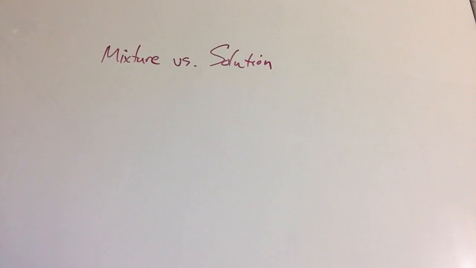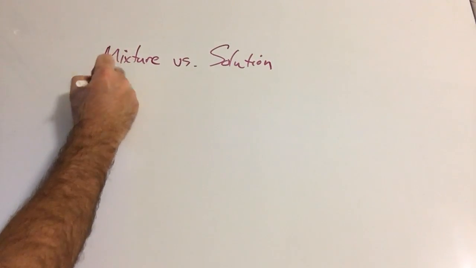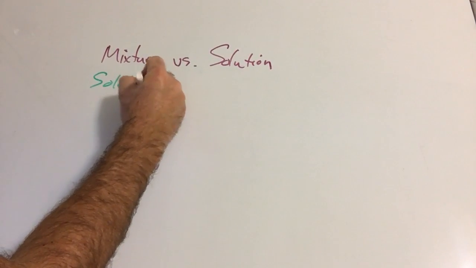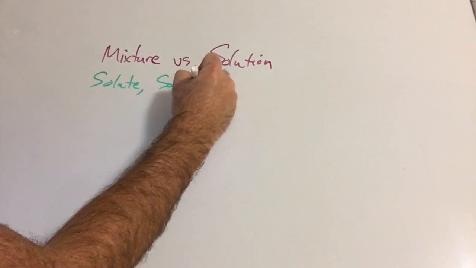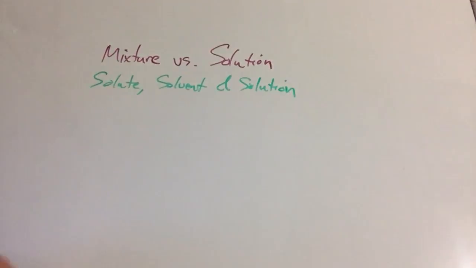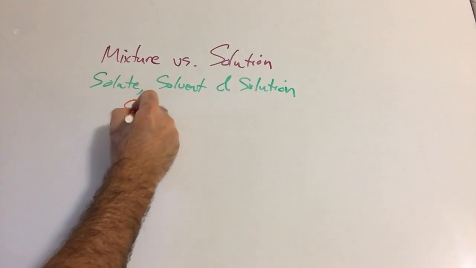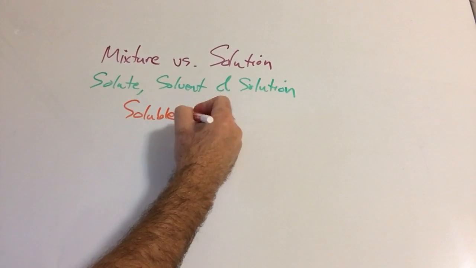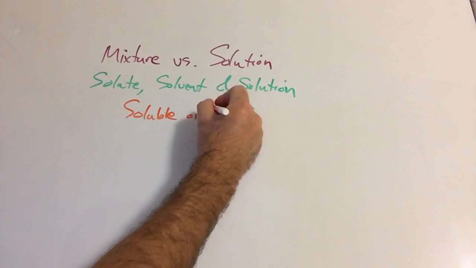And then we're going to go into solute, solvent, and solution. After that, we're going to talk about what makes things soluble or insoluble.